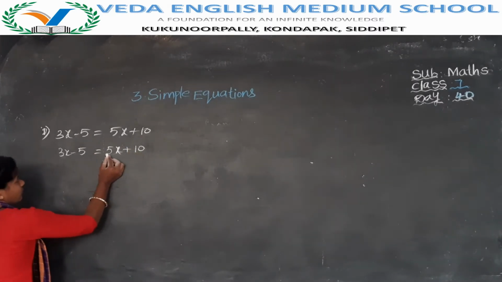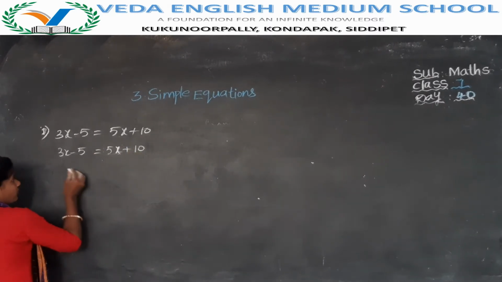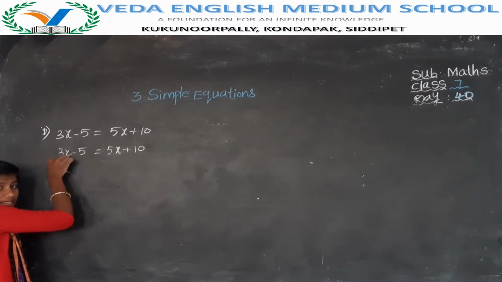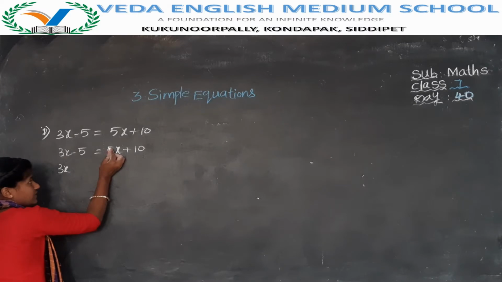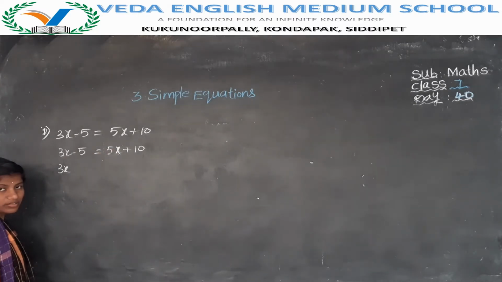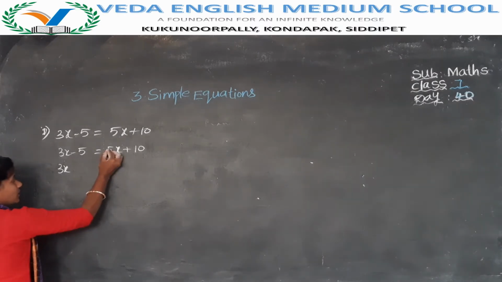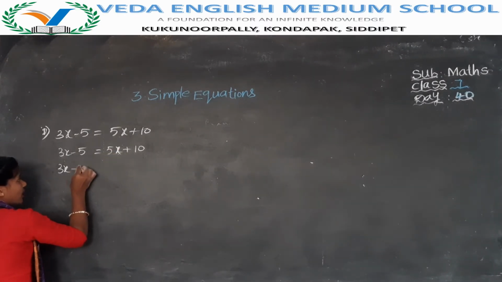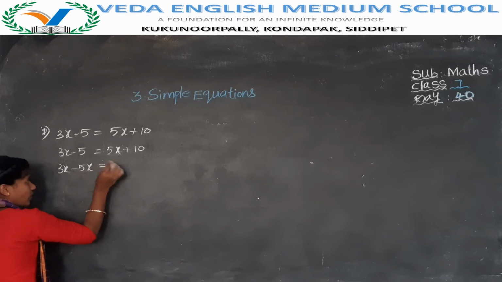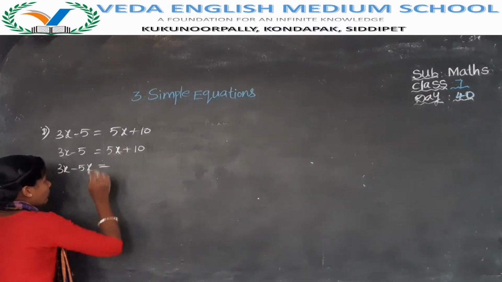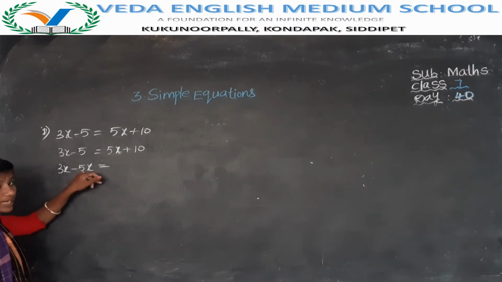So we have to bring this 5x to the LHS side. In the RHS this 5x is plus, so when it comes to the LHS it becomes minus. So plus 5x becomes minus 5x on the LHS.